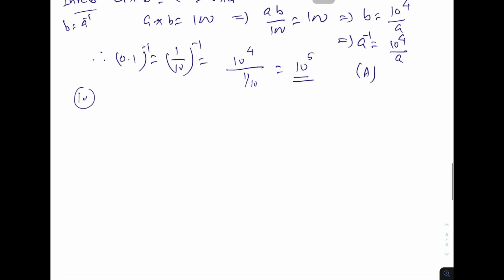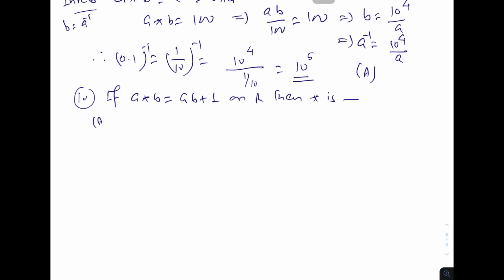Next, if A star B equal to AB plus 1 on R, then star is blank.